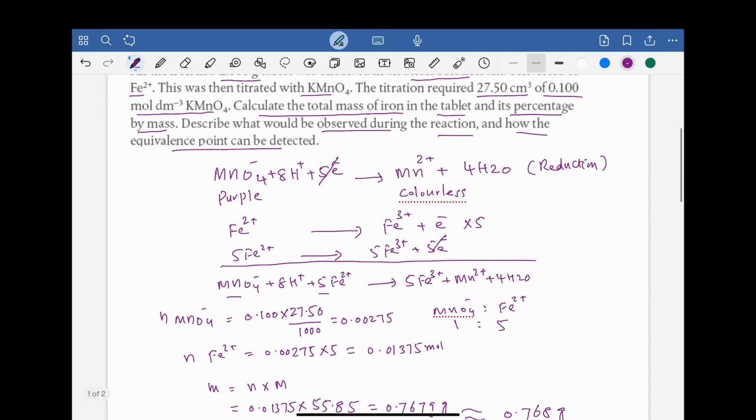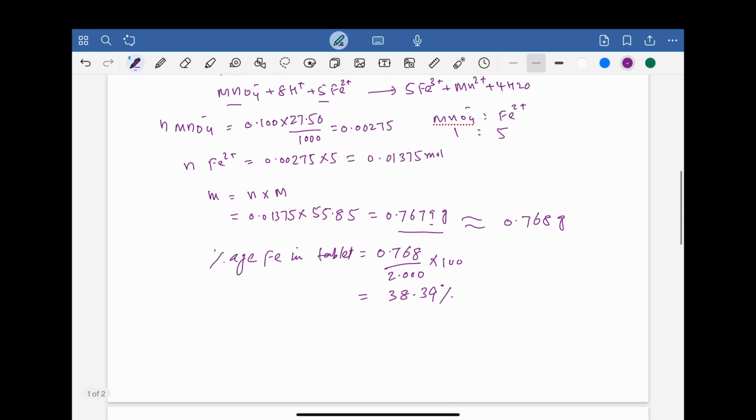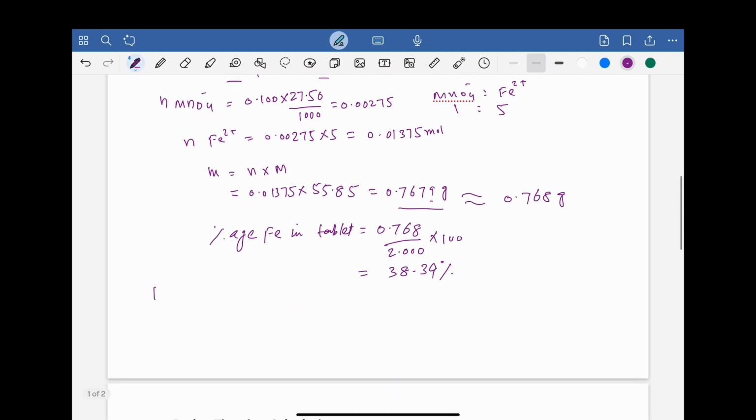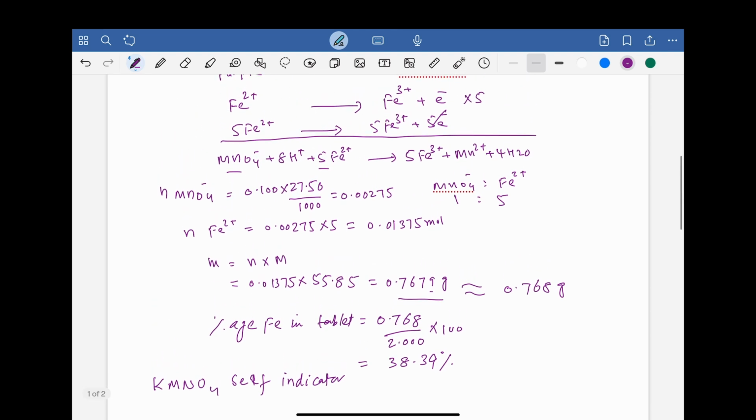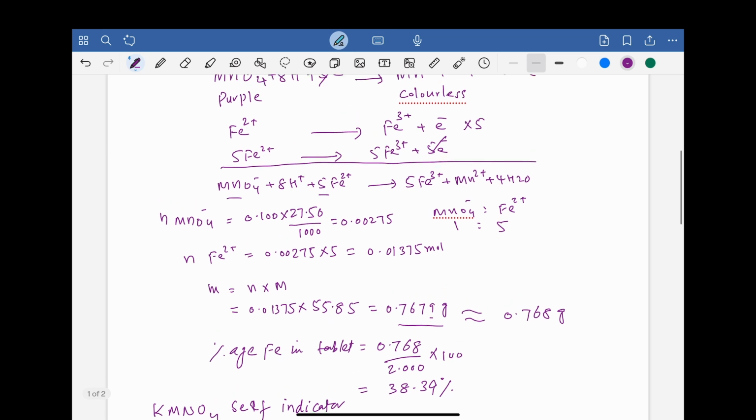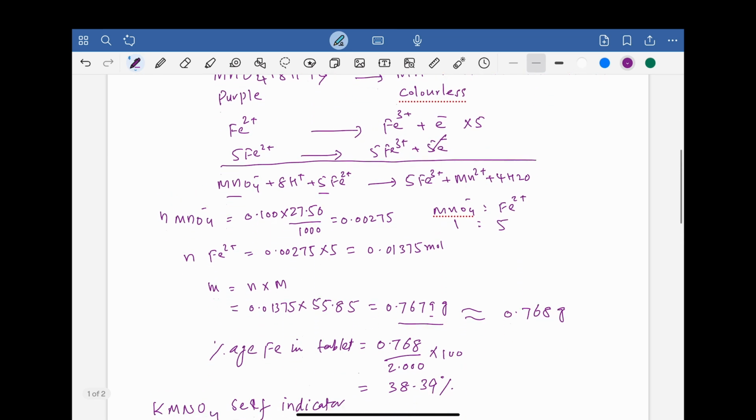But the last part of the question says describe what would be observed during the reaction and how the equivalence point can be detected. So this is a reaction where KMnO₄ acts as a self-indicator. Right at the start, we will have a purple color in the burette.